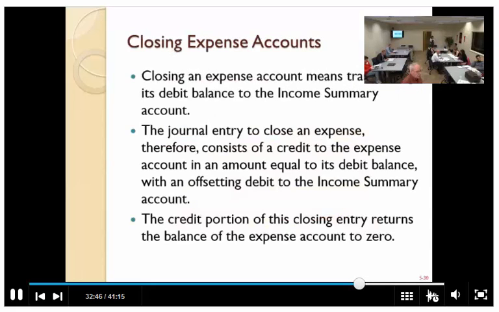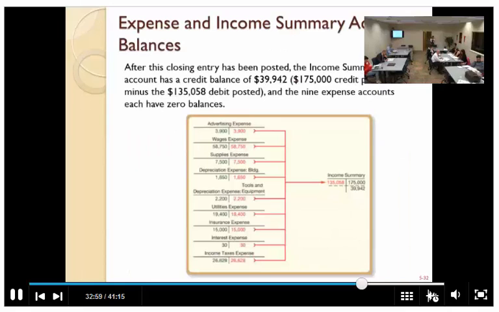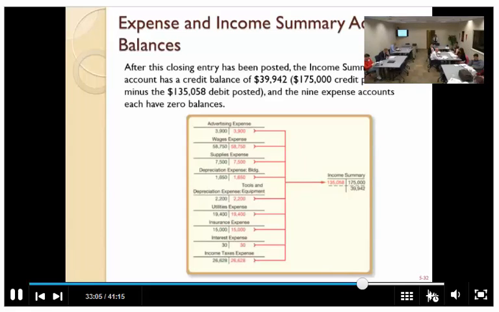With expense accounts, I'm going to credit all the debit entries and then debit income summary. Here's another example. All the expense accounts go to zero, and I debit income summary, and the 39,942 would be the number that I have on my income statement.